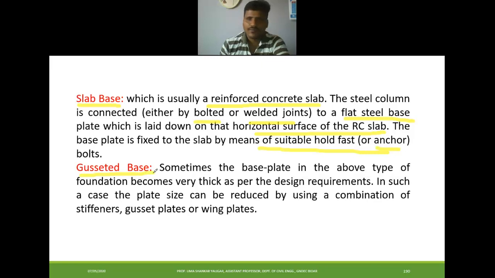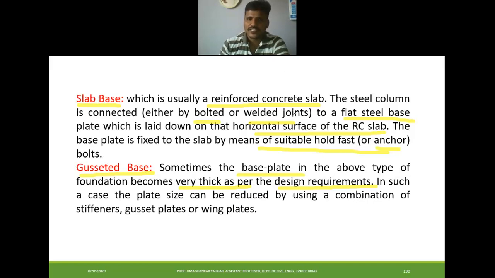The next type of base is the gusseted base. Sometimes the plate we provide in a slab base becomes very thick when you design it. Then we come to the gusseted base.